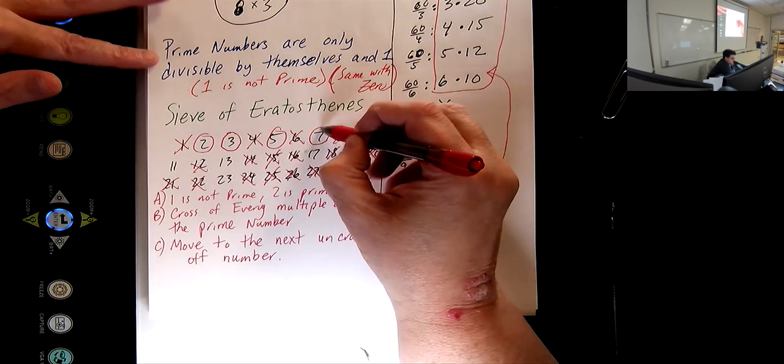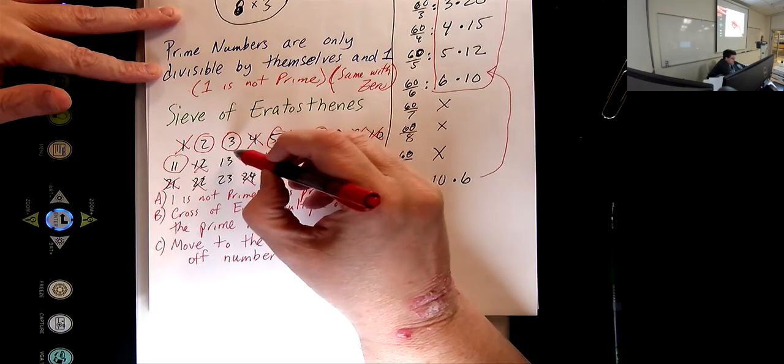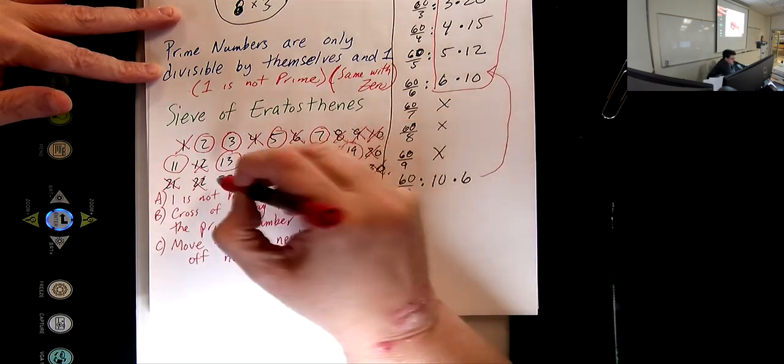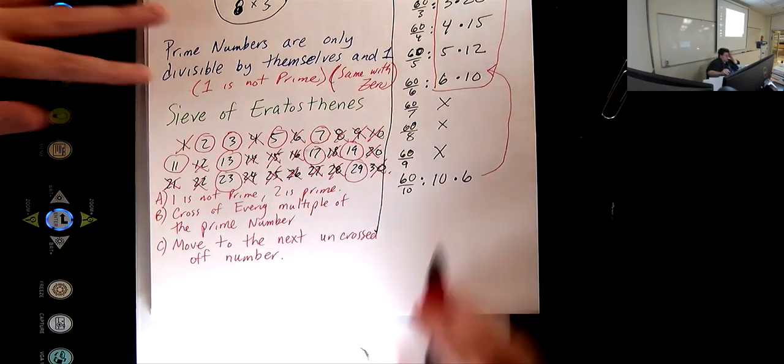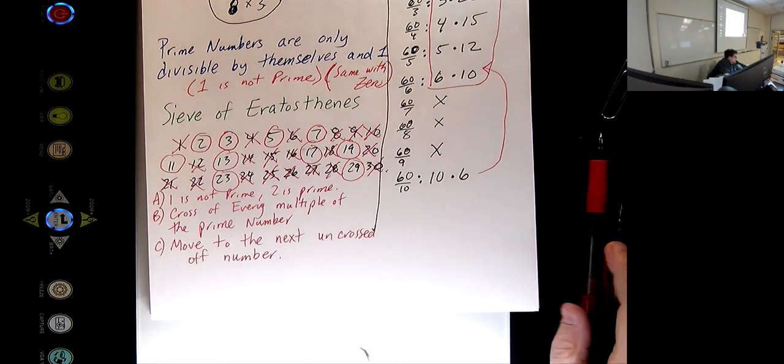You can go through them and you'll see that there's no multiples of 7, 11, 13, 17, 19, 23, or 29. How's that for neat? Usually when you do this with 100 numbers, you only really need to go up to 10, maybe 9.